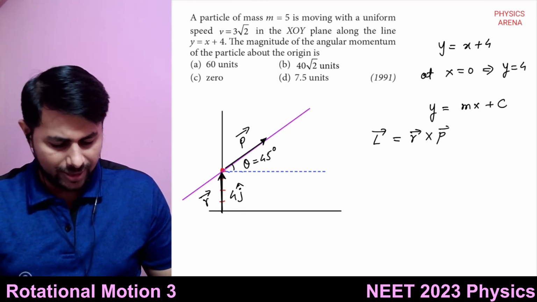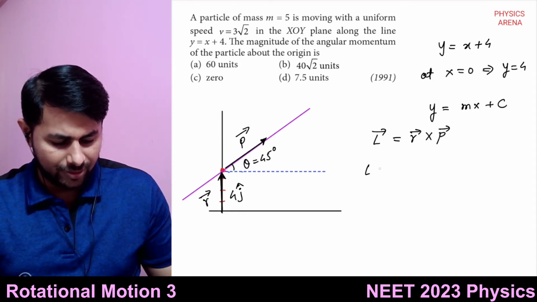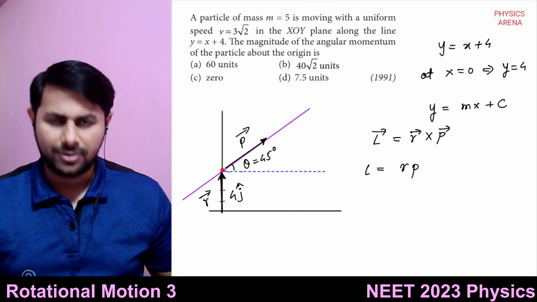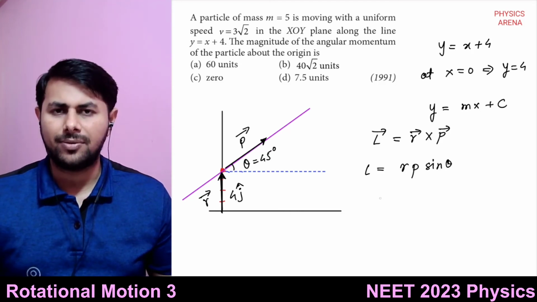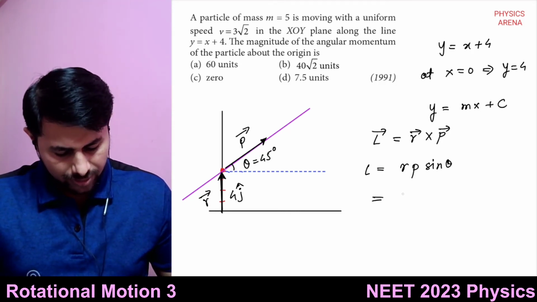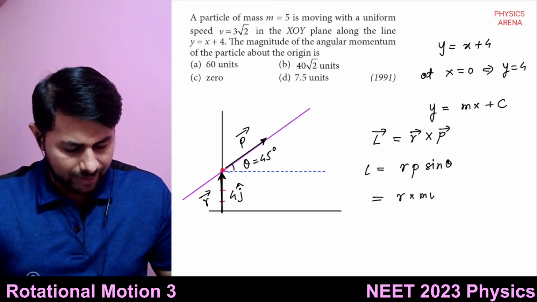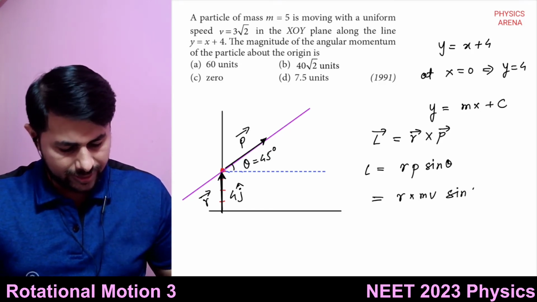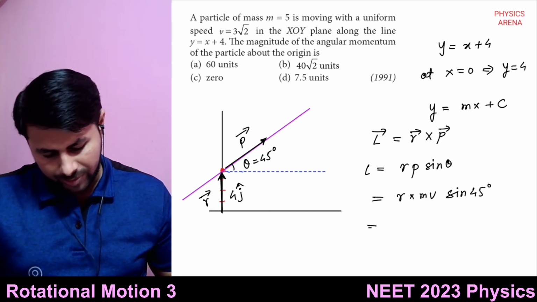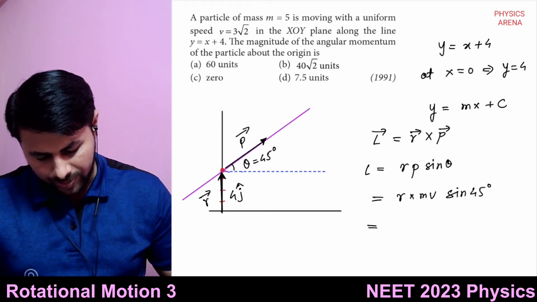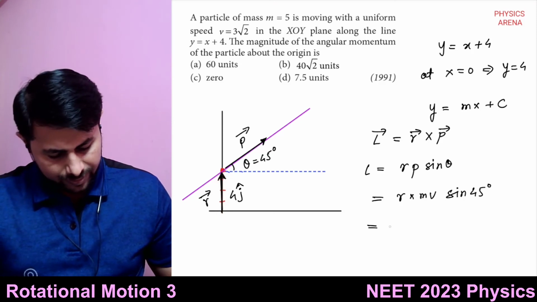And if you want magnitude, it is rp sine of theta. That is r into p into sine of 45. So r multiplied by p is mv multiplied by sine of 45 degrees. Put the values. How much is r? Magnitude of r is 4.